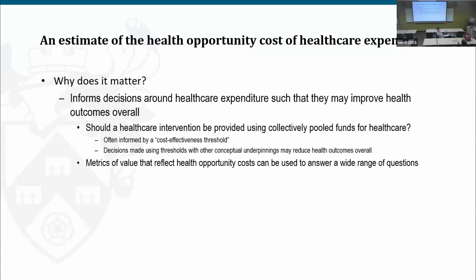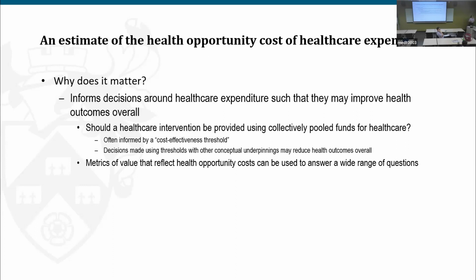And we know that actually health opportunity cost-based estimates aren't typically what is used as the approval norm. We also know that using other estimates which have different conceptual underpinnings, for example, things based on the consumption value of health, these tend to be higher than estimates of health opportunity costs. And so we risk making decisions that actually reduce health outcomes overall if we use these types of estimates as a cost effectiveness threshold.